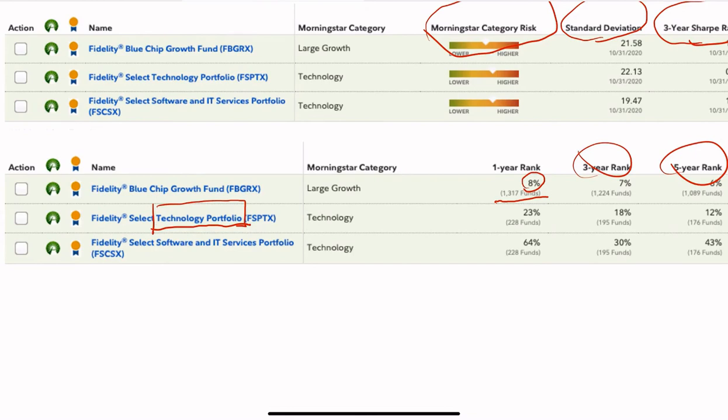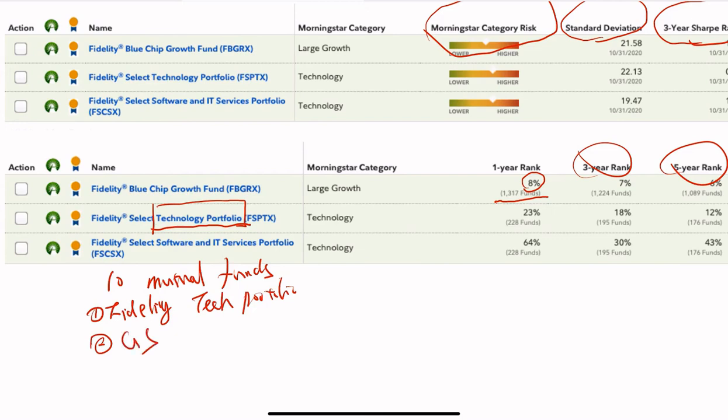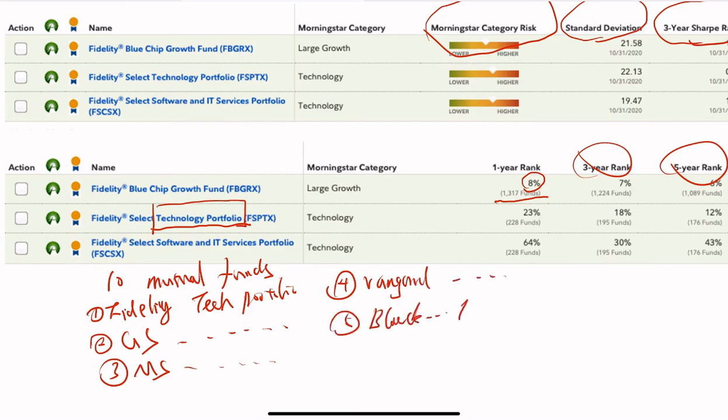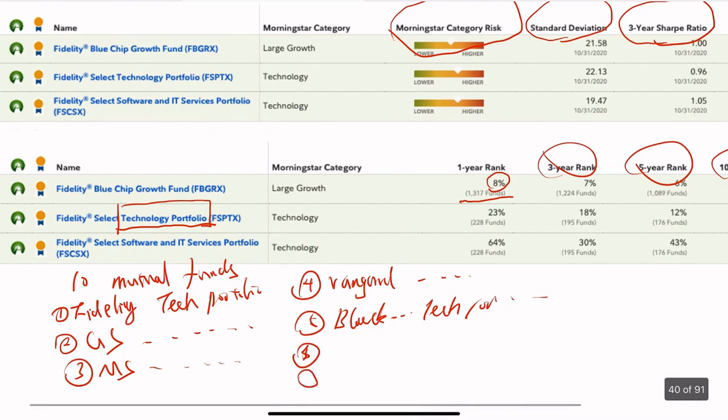For example, I could choose 10 mutual funds. They are called Fidelity technology portfolio, and then I have other candidates. Let's say this is Goldman Sachs technology portfolio, Morgan Stanley technology portfolio, Vanguard technology portfolio, BlackRock technology portfolio, right? Of course, you can add all kinds of investment firms here.